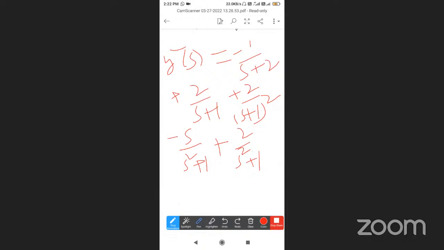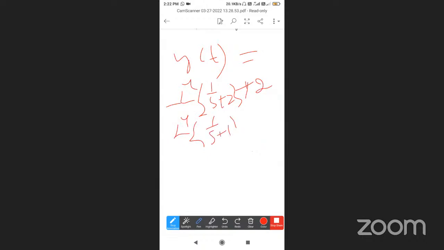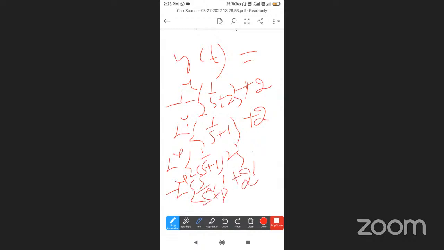Taking the inverse Laplace transform on the right side, y of t is equal to minus inverse Laplace transform of 1 by s plus 2, plus 2 into inverse Laplace transform of 1 by s plus 1, plus 2 into inverse Laplace transform of 1 by s plus 1 whole square, minus inverse Laplace transform of s by s square plus 1, plus 2 into inverse Laplace transform of 1 by s square plus 1.